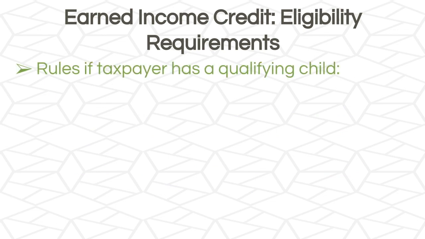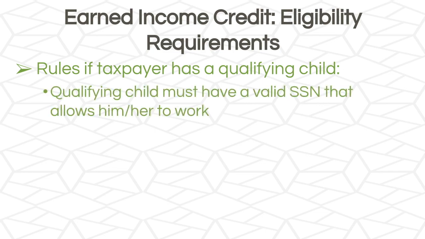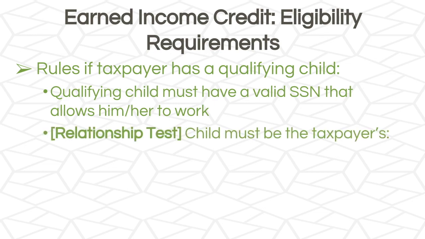Now we have the eligibility requirements for a taxpayer who has a qualifying child. And again, these are in addition to the rules for everyone. So the qualifying child must have a valid Social Security number that allows him or her to work. They must meet the relationship test.